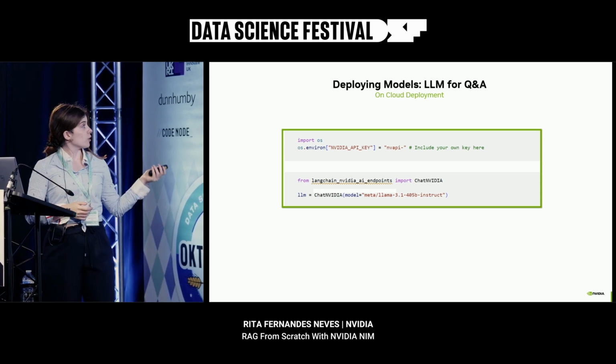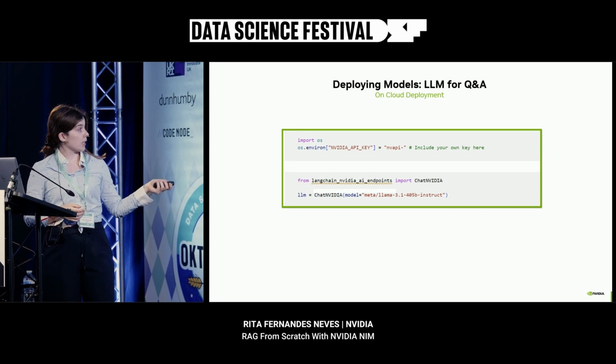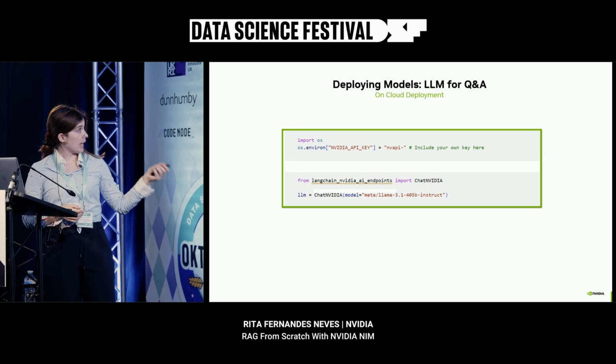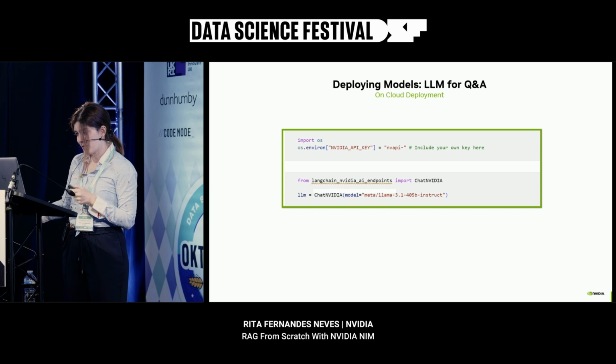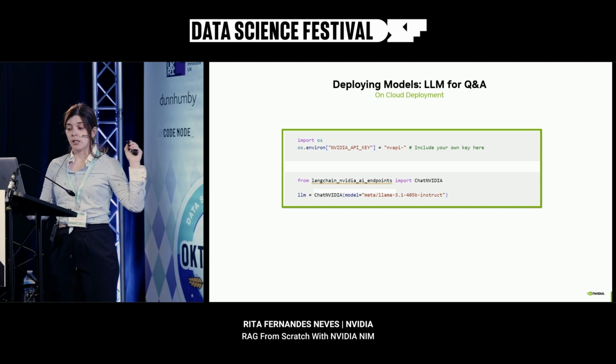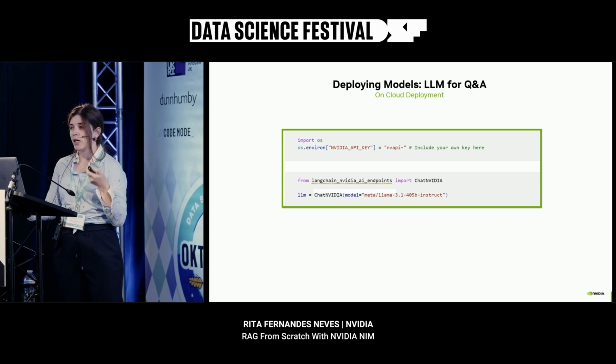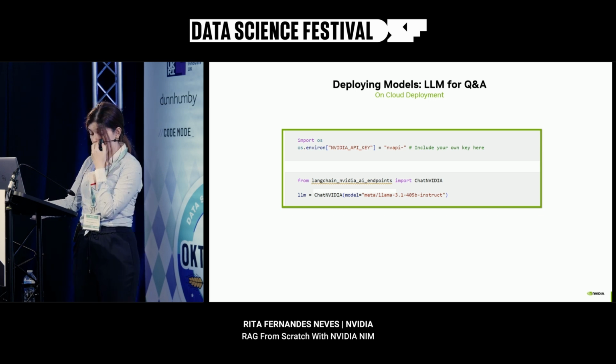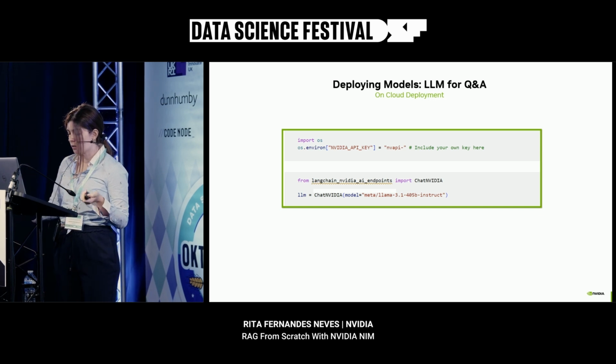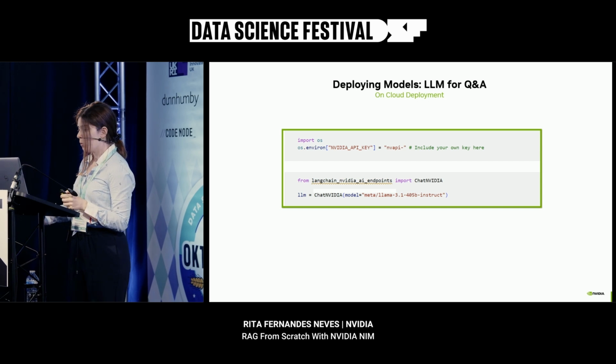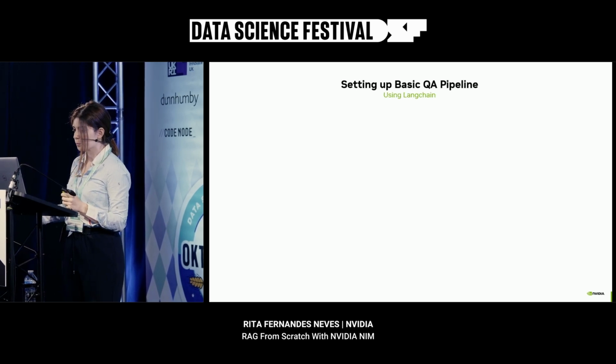So first, of course, you're going to need to add your API keys and call the model. And this is very simply done by using, in this case, a LangChain endpoint. Again, you could use a Haystack endpoint. We work all the time with open source libraries for this.